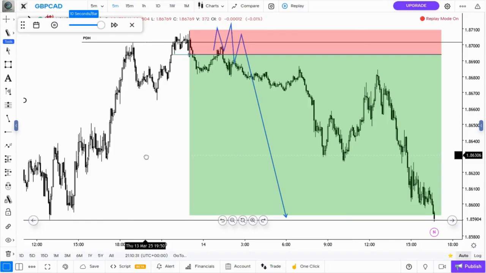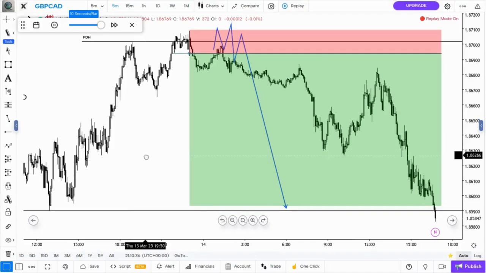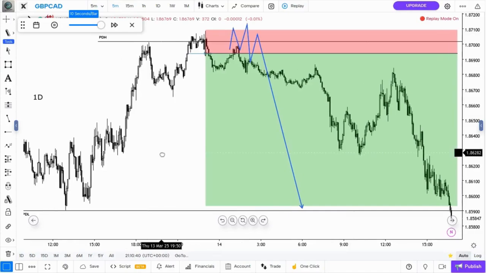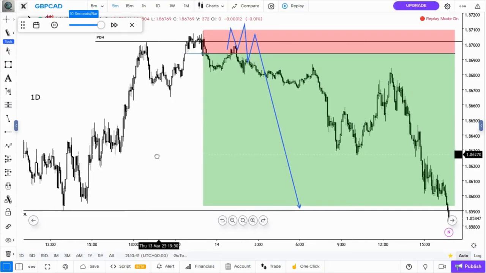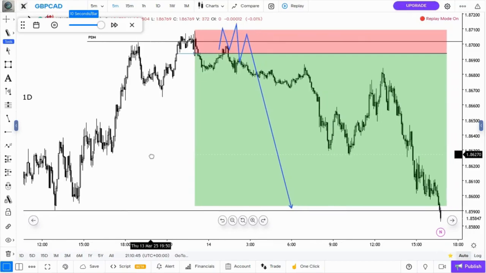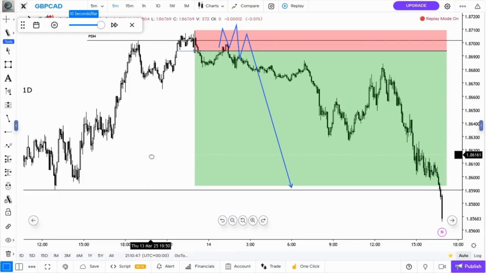So guys, it swept below the previous daily low, as you guys can see. The price swept the previous high, made a change of character, and swept below the previous daily low.